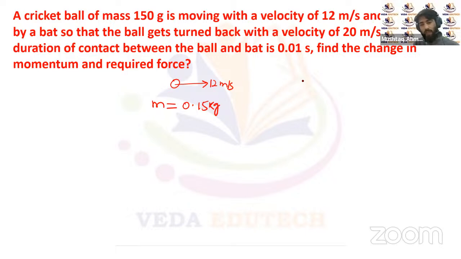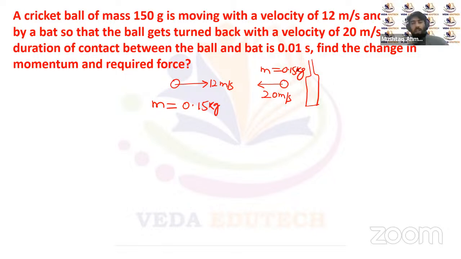Now at some point, this ball has been hit with a bat. When this ball is hit with a bat, its direction gets reversed, and the speed now becomes 20 meter per second. The mass of the body is the same, 0.15 kg.